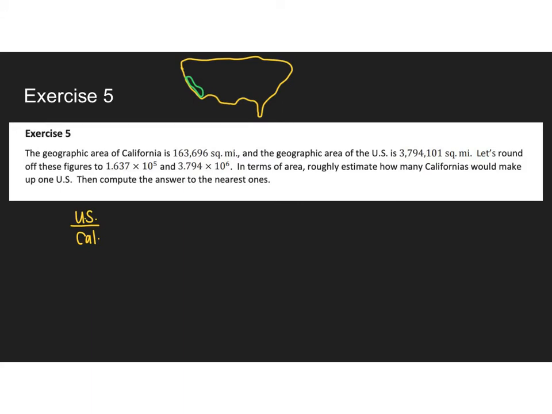For California, it was this number and they rounded it to this, 1.637 times 10 to the 5th. And for the United States, it was this big number and they rounded it to this in scientific notation, 3.794 times 10 to the 6th. Go ahead and divide these numbers and subtract your exponents, please. Pause the video and then check your work.